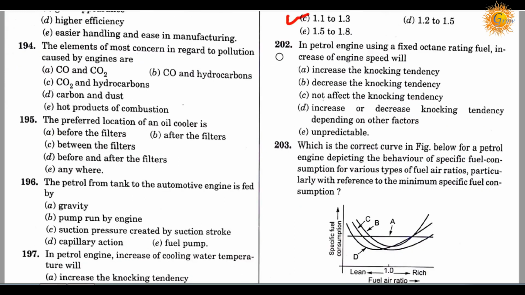Question number 202. In a petrol engine using a fixed octane rating fuel, an increase of engine speed will: option A increase the knocking tendency, option B decrease the knocking tendency, option C not affect the knocking tendency, option D increase or decrease knocking tendency depending on other factors, option E is unpredictable.